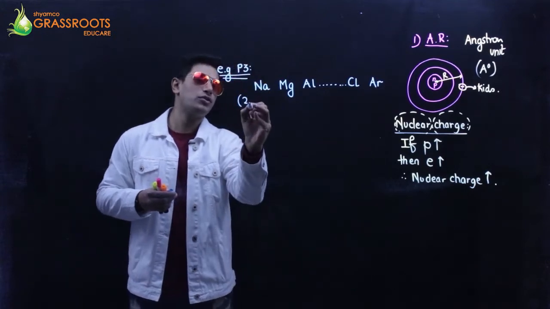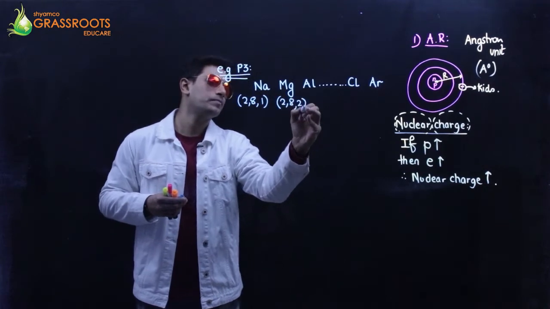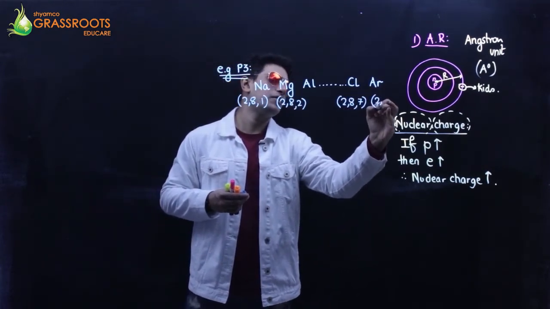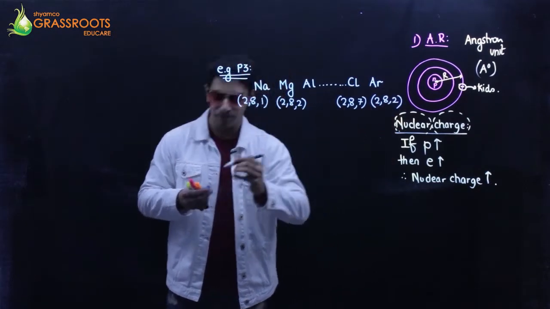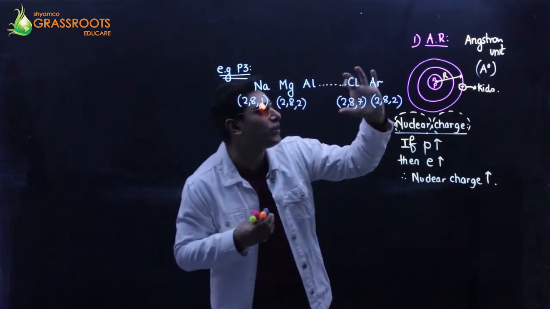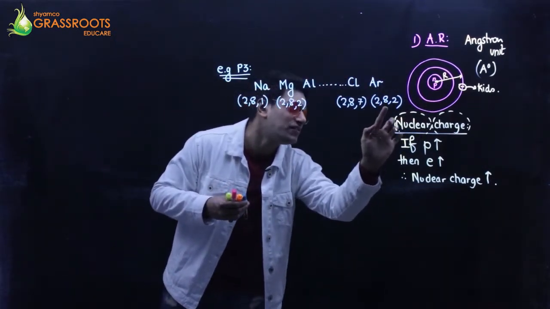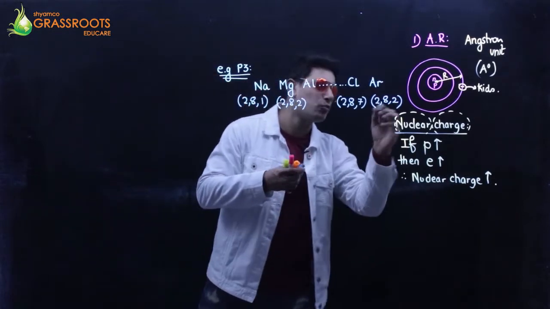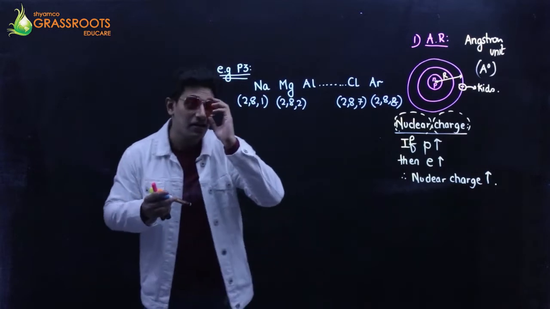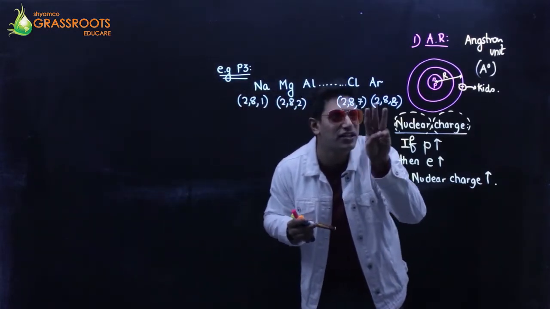If I talk about the electronic configuration, listen to me very carefully. Across the period from left to right in a periodic table, can I say the number of shells remains the same? Just made a small error, 2, 8, 8. Yes, the number of shells remains the same. Sodium has 3 shells, and so do the others.